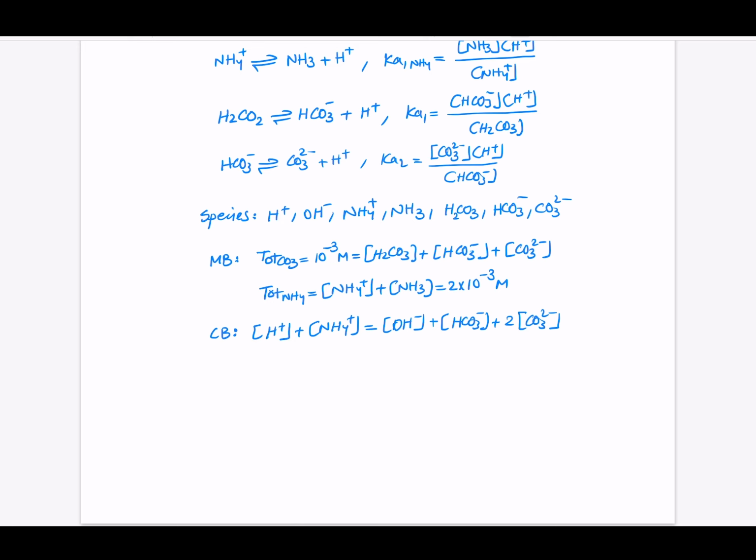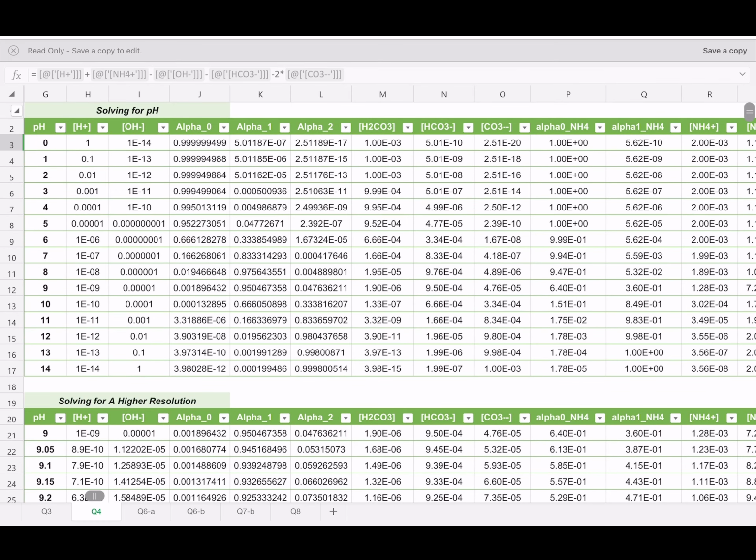So now in part B, we're going to use Excel to solve for the pH of the solution when 10 to the minus 3 ammonium carbonate is added to the solution. If you look at the Excel that you see, we have basically 2 acid-base reactions, so keep in mind we have 2 sets of alpha values.